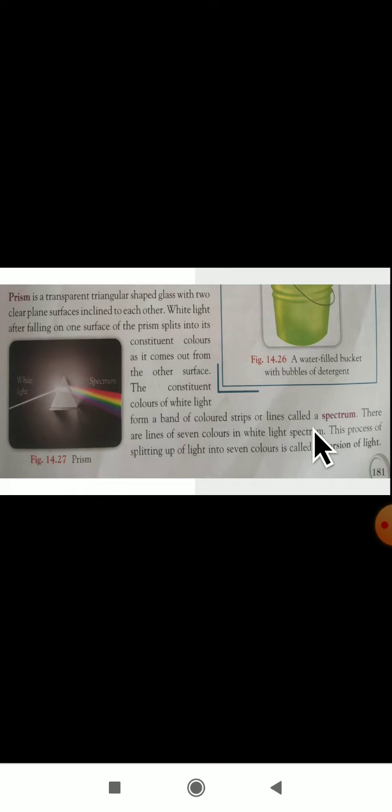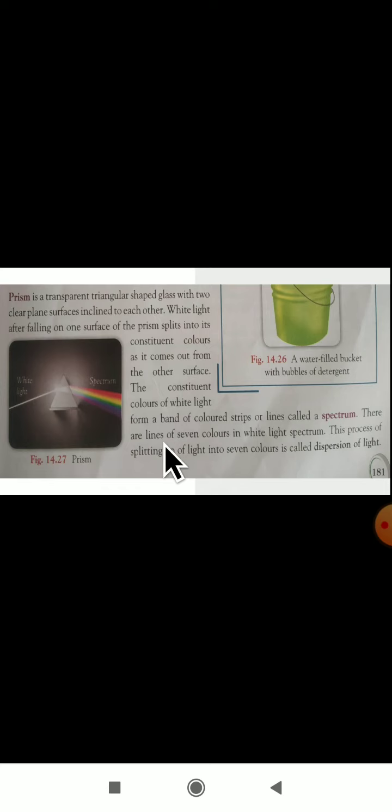This is very important. When we pass white light here, it has 7 colors.